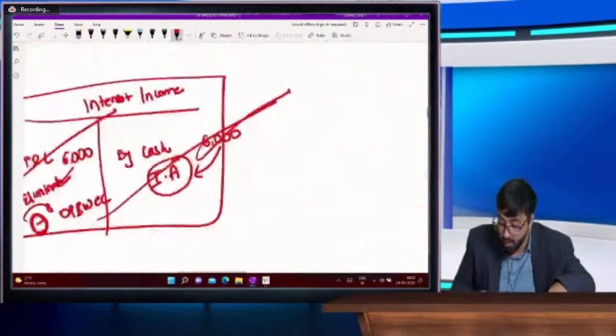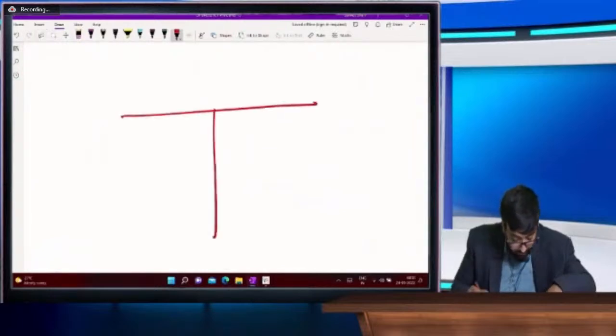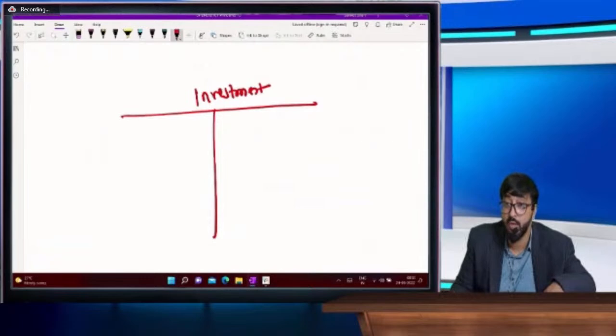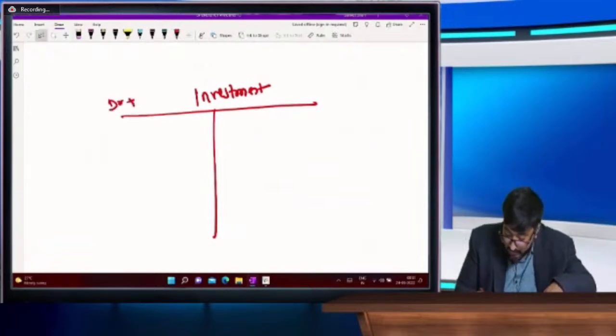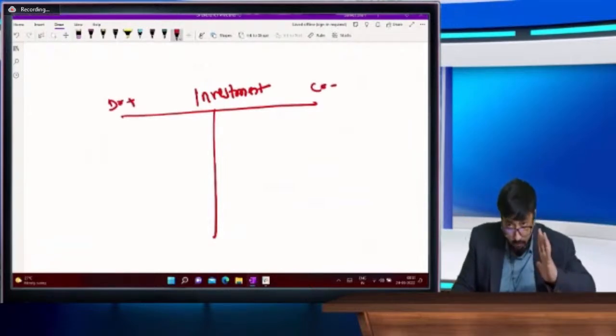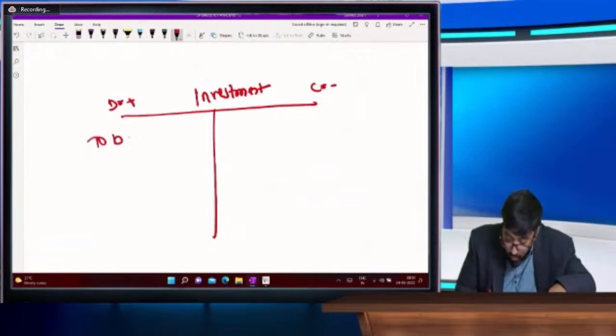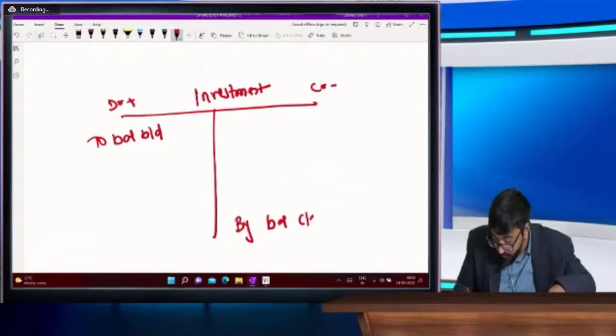See the logic of investment account. Investment account, if I open, debit plus, credit minus. Focus. To balance, brought down by balance carried down.